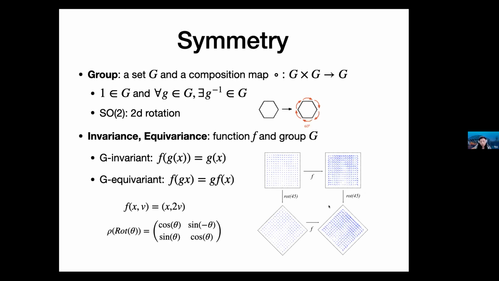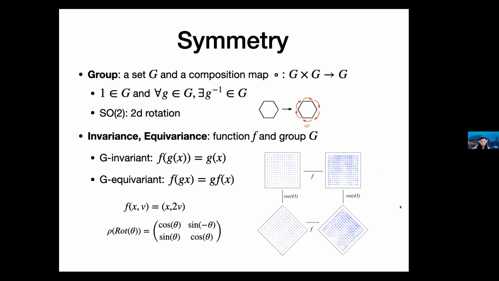It is the same as if we rotate this velocity field by 45 degrees first, and then upscale it by 2. That also leads to the picture on the bottom right. So going along the route of top and then down is the same as going along the route of down and then right. If a function satisfies this type of condition, then this function is equivariant.